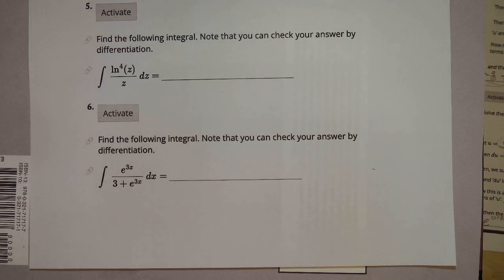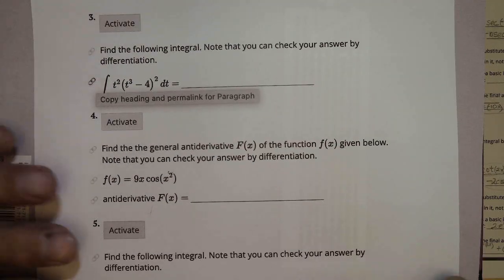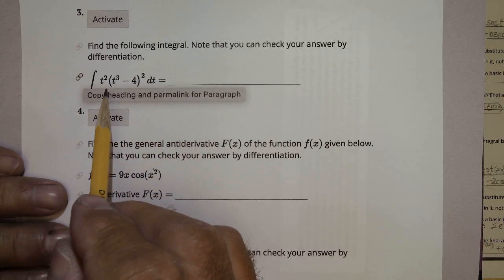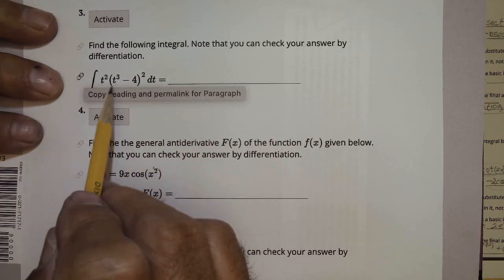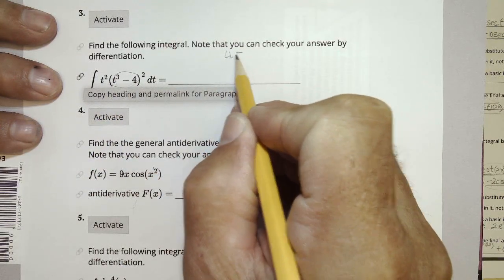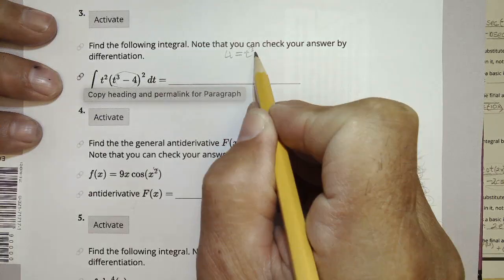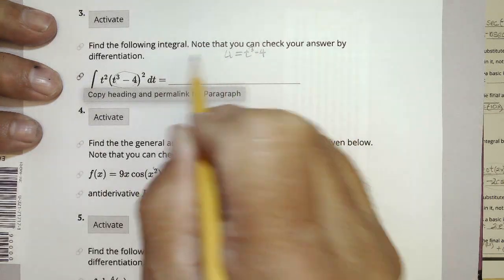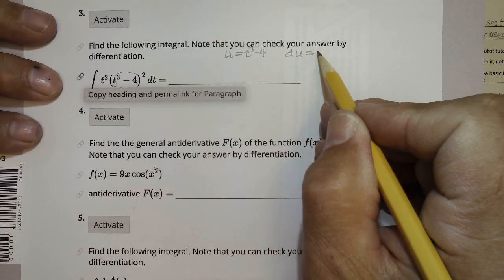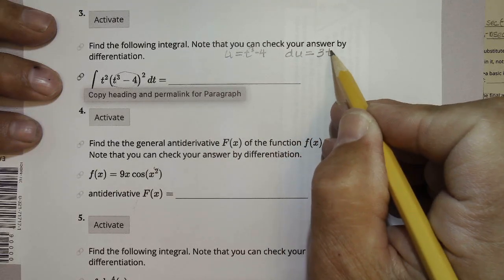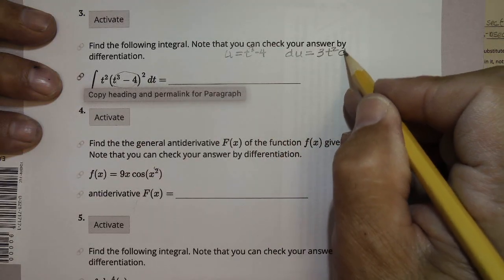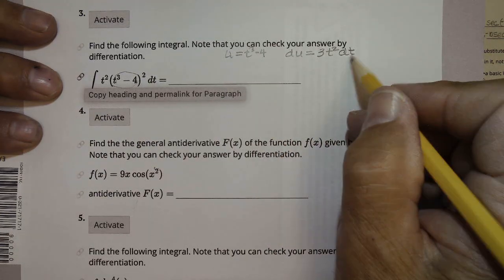Okay, number 3. Looking at this, I see that it's a good candidate for substitution because the derivative of t to the third minus 4 will have a t squared. du would be 3t squared, the derivative of negative 4 is nothing, dt.